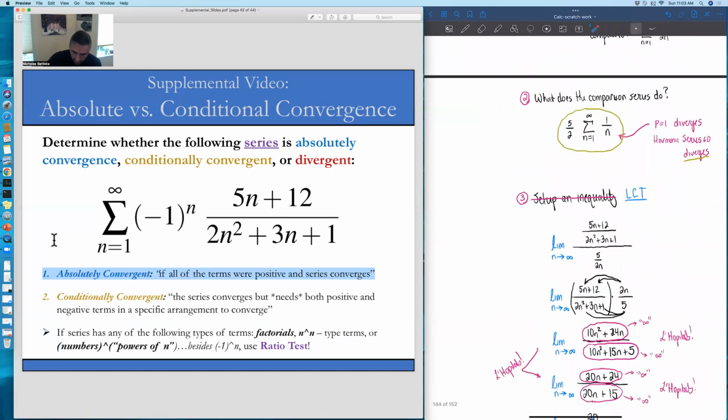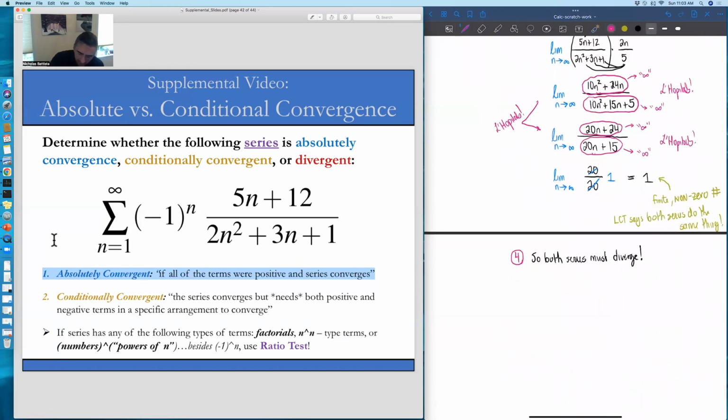So going through all of that work, at this point, what we can say is the original series is not absolutely convergent. So what does that mean now?